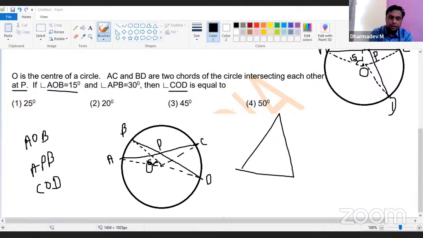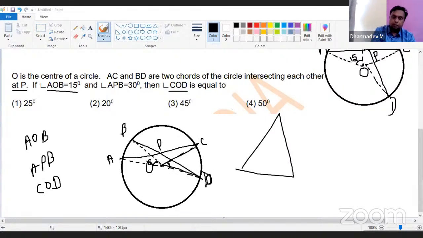So 15 degrees I have. When I take AOB, it is given 15. When I take COD, what would be the angle?